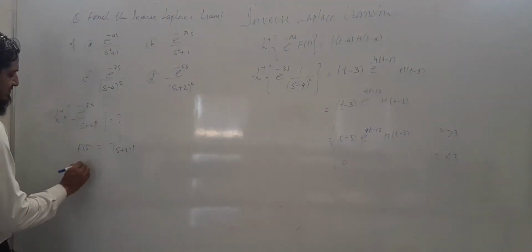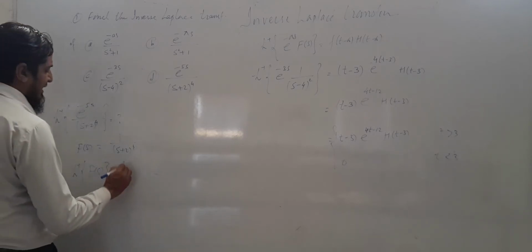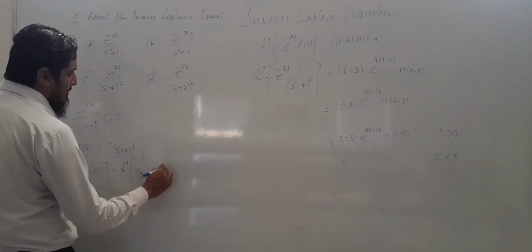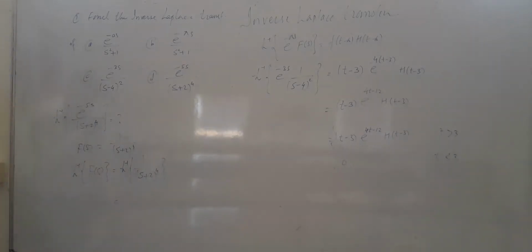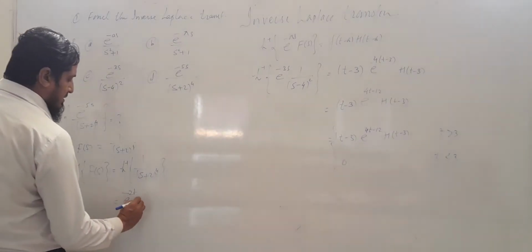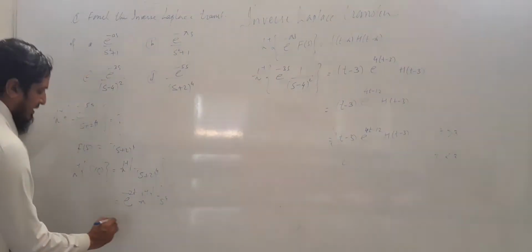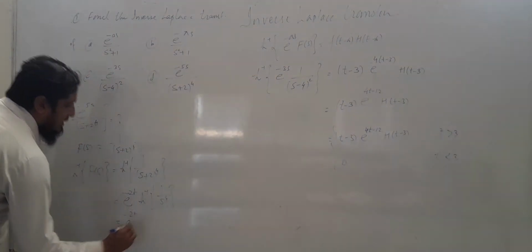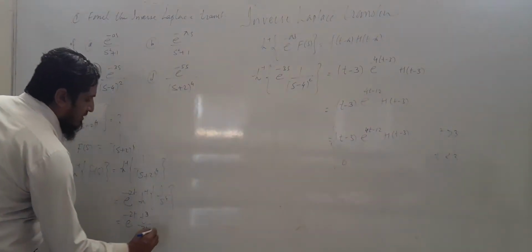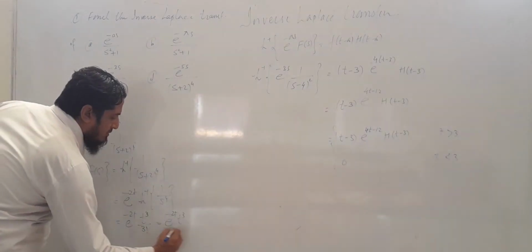Taking the inverse Laplace transform of both sides, we get e raised to minus 2t times the inverse Laplace transform of 1 upon s raised to 4, which is equal to e raised to minus 2t times t cube upon 3 factorial, which is equal to e raised to minus 2t times t cube upon 6.